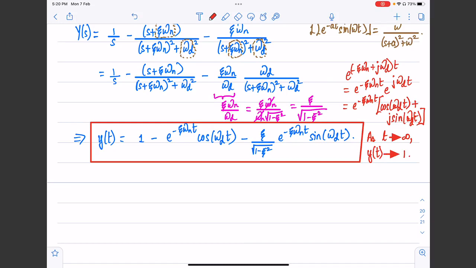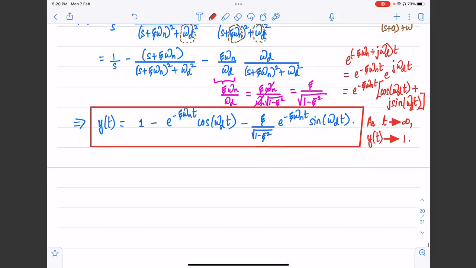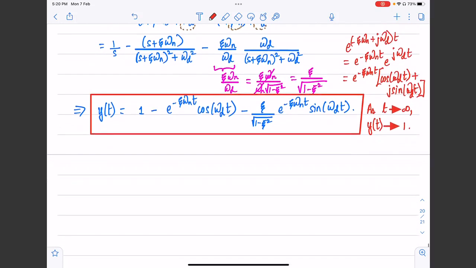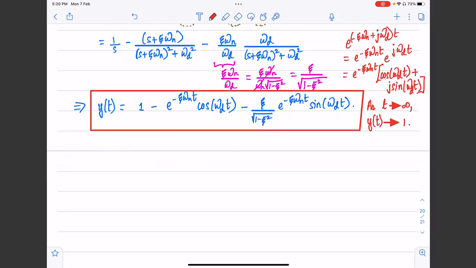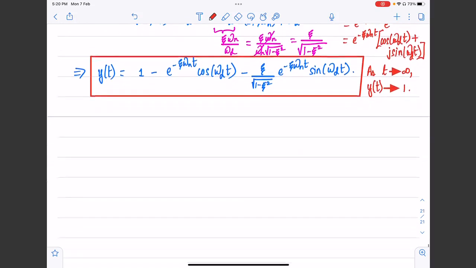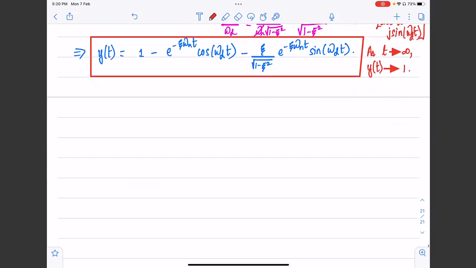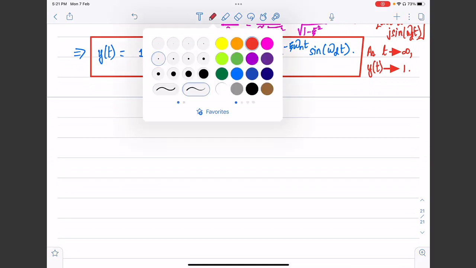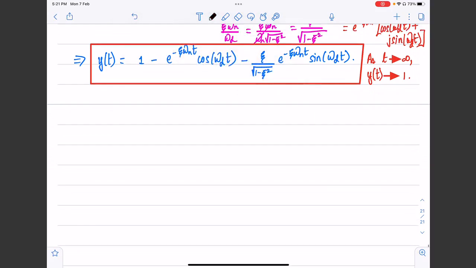The exponent of that is negative, so as time goes to infinity, e power minus zeta omega n t will go to 0. Consequently, the products e power minus zeta omega n t cos omega d t and e power minus zeta omega n t sin omega d t will go to 0, and we will be left only with 1. So that's how the steady state output will become 1. I hope even that point is clear.